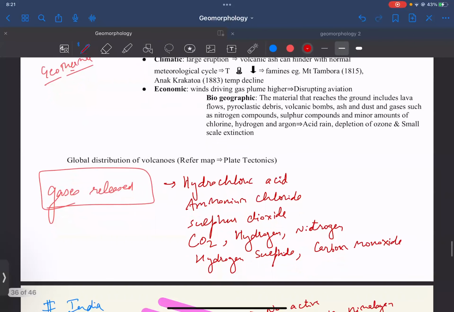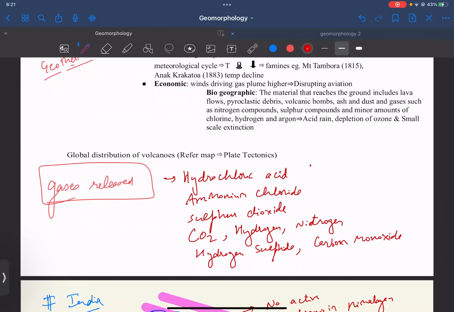And there are also a few terms you need to know. Fumaroles. Fumaroles are nothing but a combination of gases plus dust. Then solfataras, when there is presence of sulfur. Fumaroles are also known as solfataras, provided they have presence of sulfur compounds.